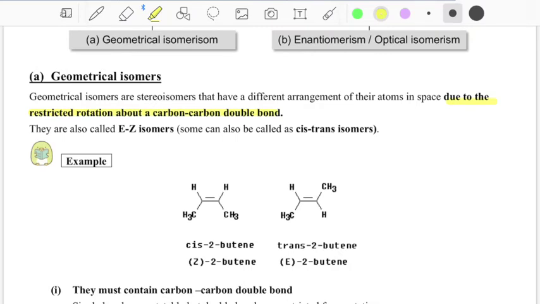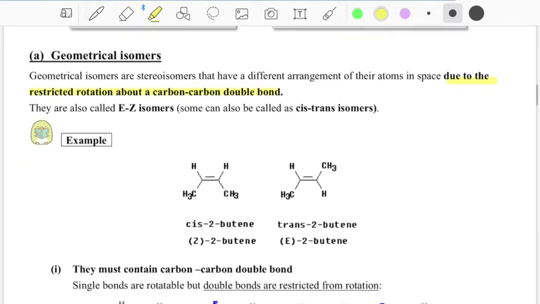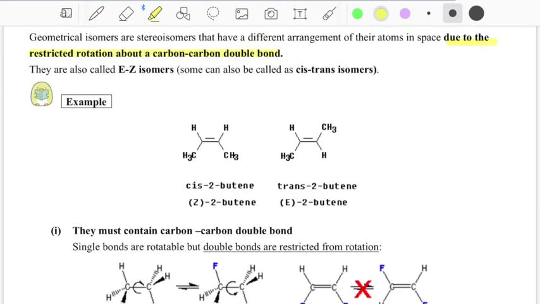Some of them can also be called cis or trans isomers. Later we're going to learn the difference between these two naming systems. Here we have two examples. These two molecules are called geometrical isomers.